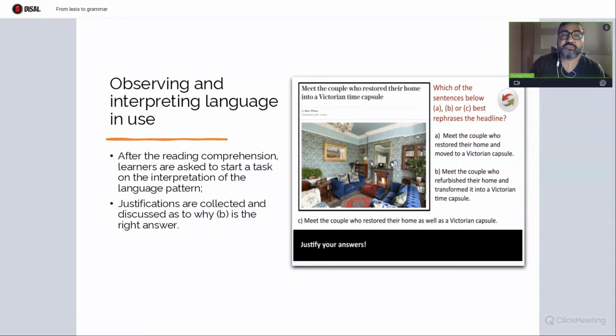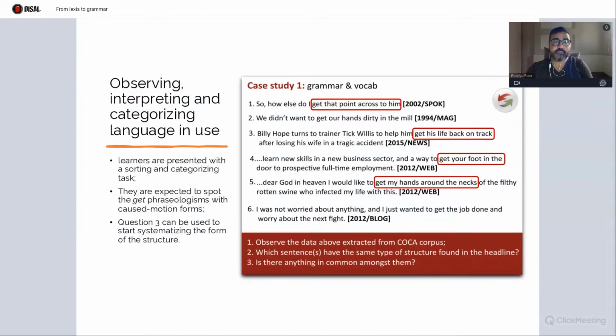After they have managed to interpret this construction accurately, it's time for us to observe a little bit more, interpret, but also categorize this pattern that I'm interested in, right?